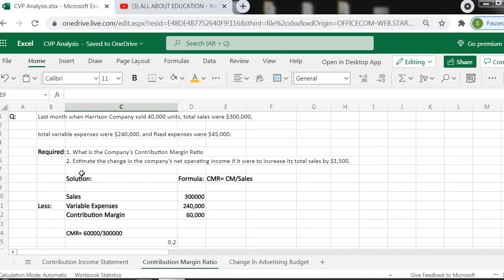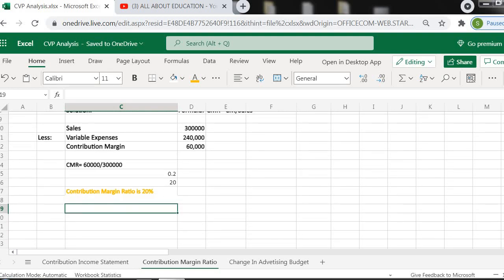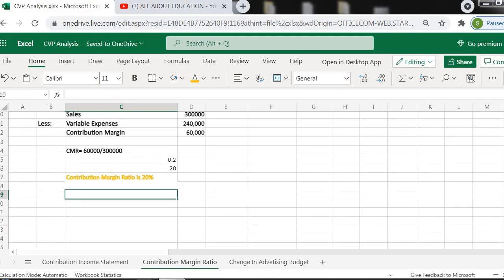Now moving towards requirement number 2. Estimate the change in company's net operating income if it were to increase its total sales by $1,500, right? We have to estimate the change in the company's net operating income if it were to increase its total sales by $1,500, right? A very simple formula will be applied here.